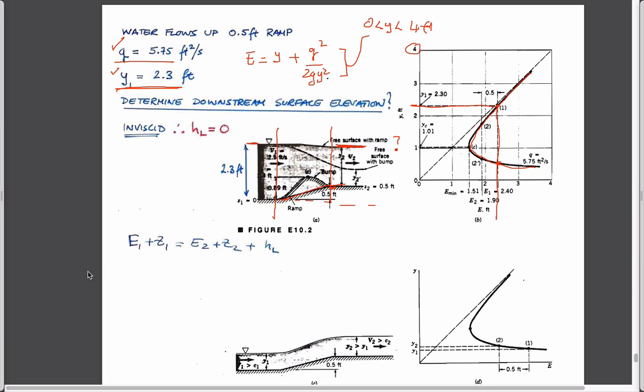So in other words, this is our Bernoulli equation. These terms are P over gamma plus V squared over 2g. This term here is Z1. These two Z terms are usually included in this S0L term, but we're dealing with them here.